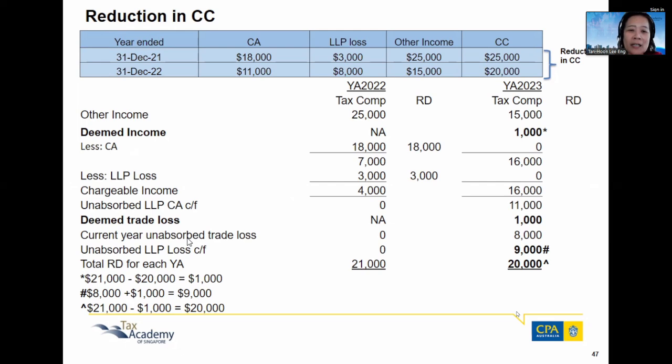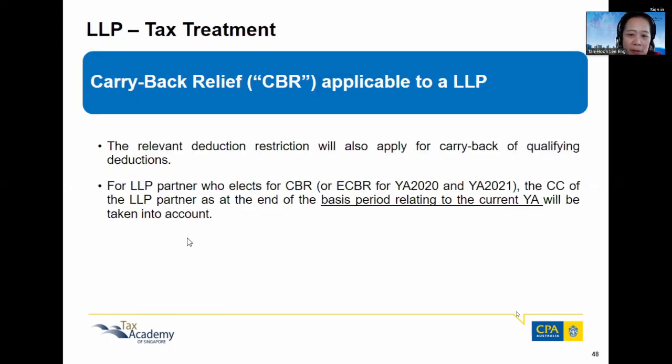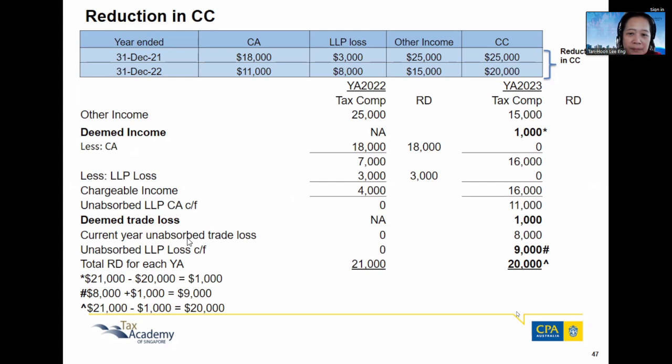Then CA, how much CA can we give? 1,000. Why is it 1,000? Because now we have a deemed income of 1,000, because we have over-given. The CC is only 20,000, but the past relevant deduction is 21,000.